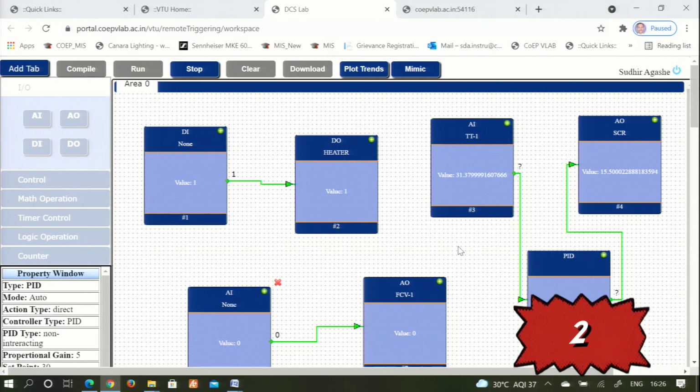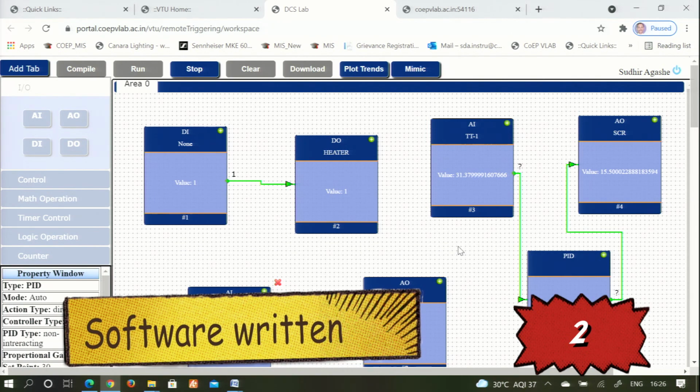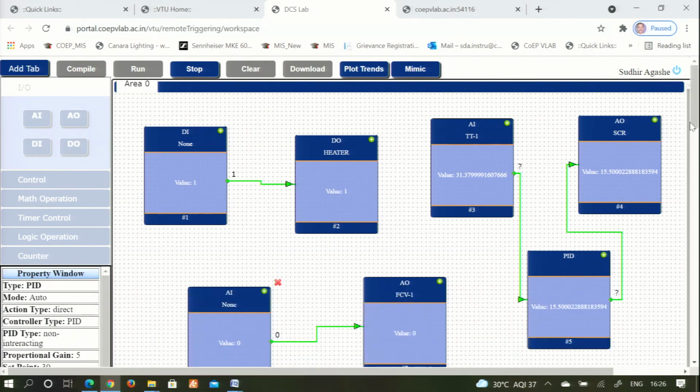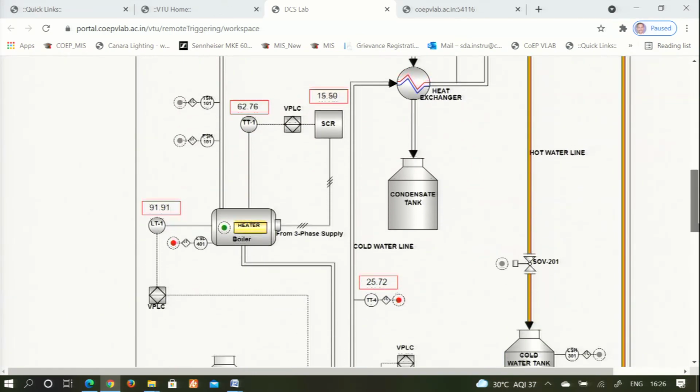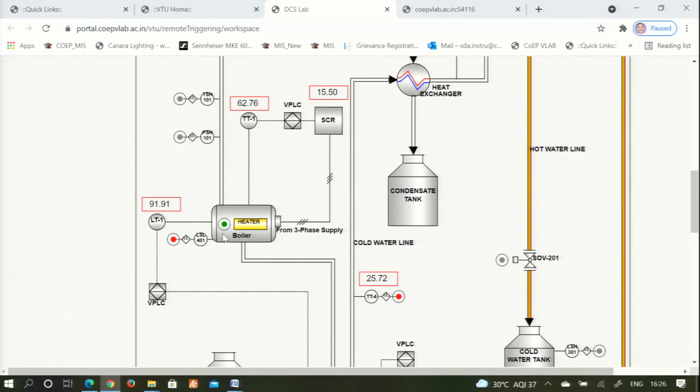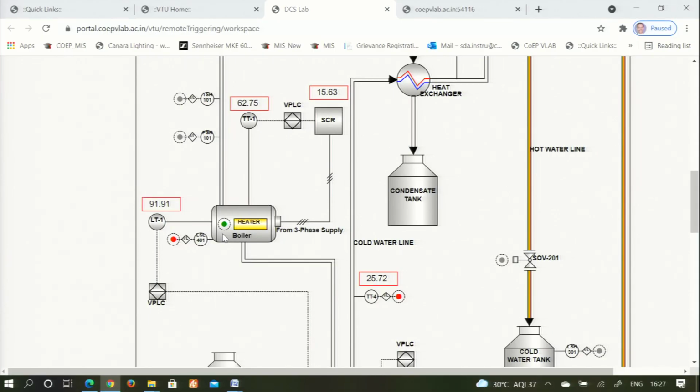The second level of safety is related to the software which we have written. In that, even if you give a command, for example, here, if there is no water in the tank and still you have fired the heater, and that hard level switch has not operated, and in the logic which you have written, you have not written an interlock saying that if the level in this tank goes below this low level switch, the heater will not switch on.